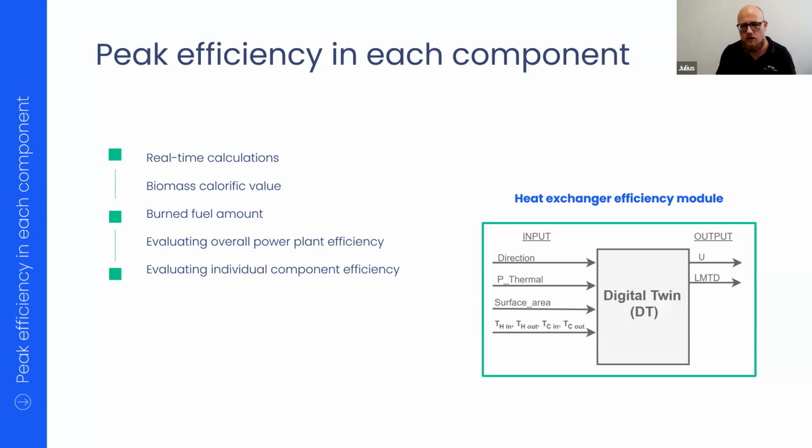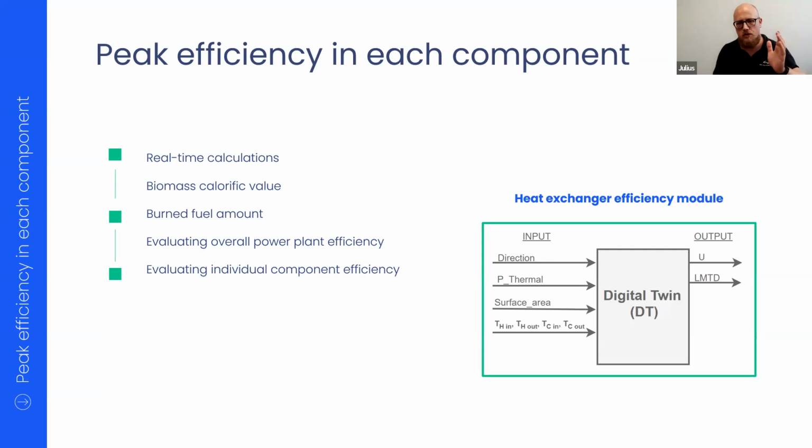On a smaller scale, each component is also calculated. For example, in the heat exchanger efficiency module, you input data about the direction, which is data from the technical past, and the P thermal, so how much heat you're inputting into the heat exchanger, which is already real-time data.